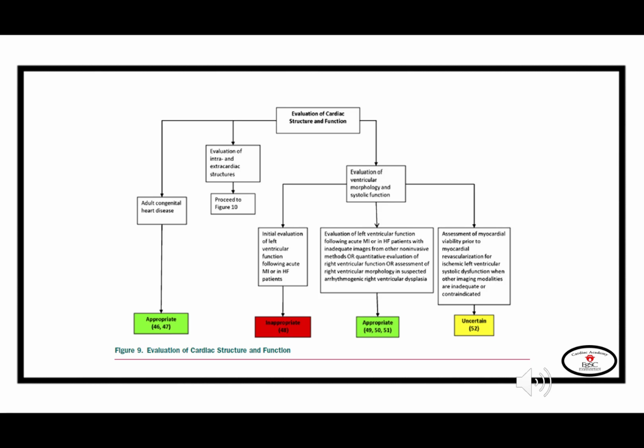Evaluation of cardiac structure and function are gaining a lot of attention here.